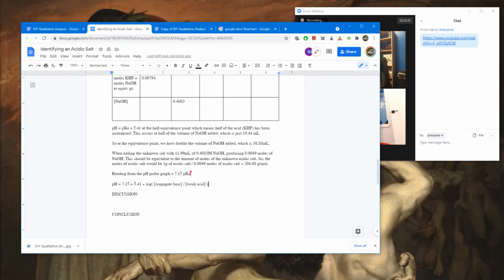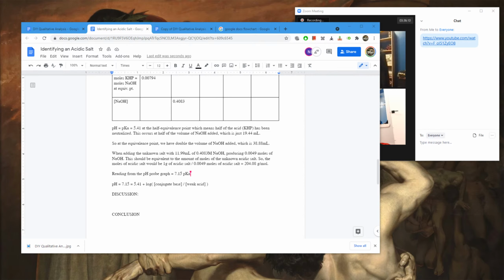So then our molar mass of the acidic salt is what? 204.08. Okay. That's not really close to 5.41 though. No. So we're trying to find just the... Let me do one last thing.